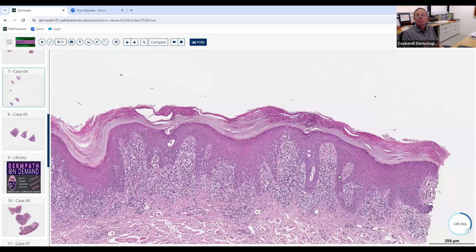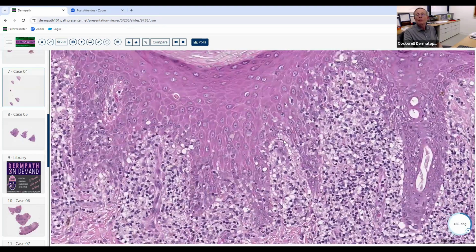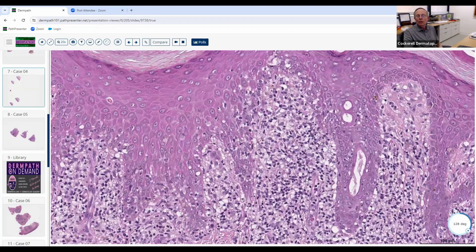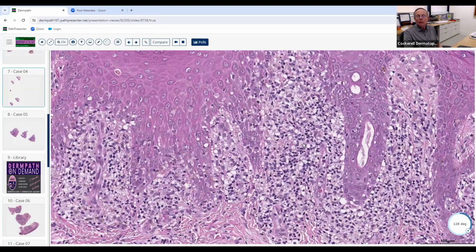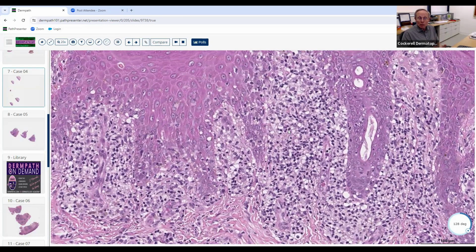We have a lot of sayings in medicine, and a lot of them are partially true, but one that is true is that syphilis is the great imitator, and it really can look like a lot of different things. So I do want you to think about those other items in the differential diagnosis. The boards would never give you this without a special stain for spirochetes or something like this and just expect you to get this.